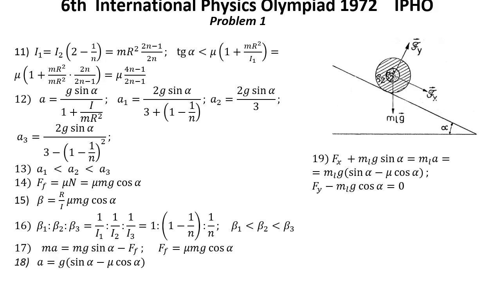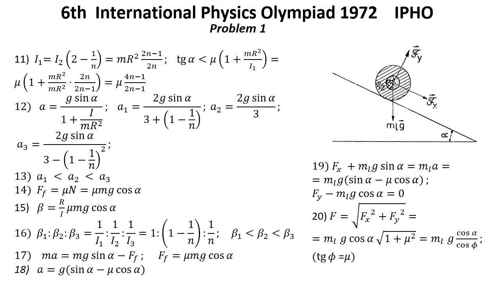In that case we have force F equal to the square root of F_x squared plus F_y squared, which is m_l g cosine alpha multiplied by the square root of 1 plus mu squared, which is equal to m_l g cosine alpha over cosine phi, where phi is the friction angle, tangent phi equals mu.